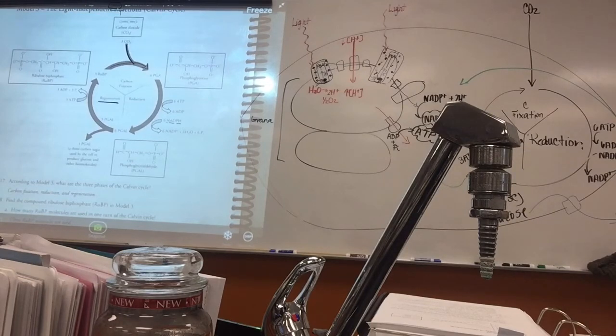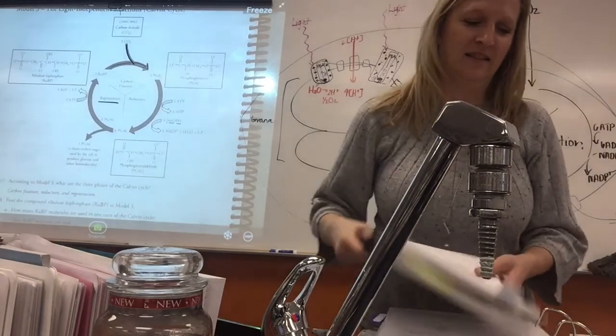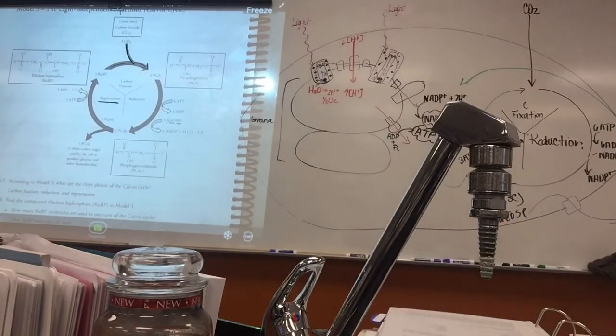The mitochondria. It's going to go to the mitochondria where what's going to occur? Cellular respiration, and we come full circle. So, all right. I was pretty impressed that some people put that together on their own. I was impressed with that.